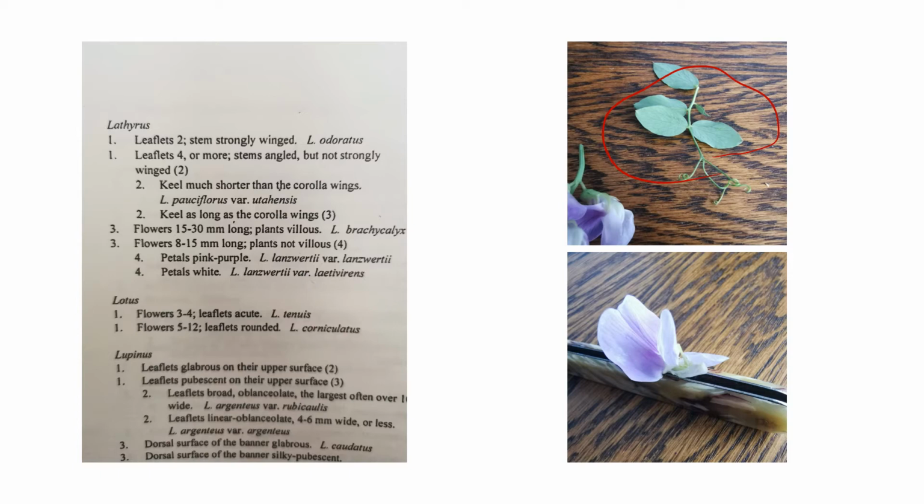And we can then move to 2, where we see keel much shorter than the corolla wings. And we can see that this keel portion of the flower is shorter than all of the other flowers. And we find that this here, Lathyrus pauciflorus var. utahensis, is this particular flower.